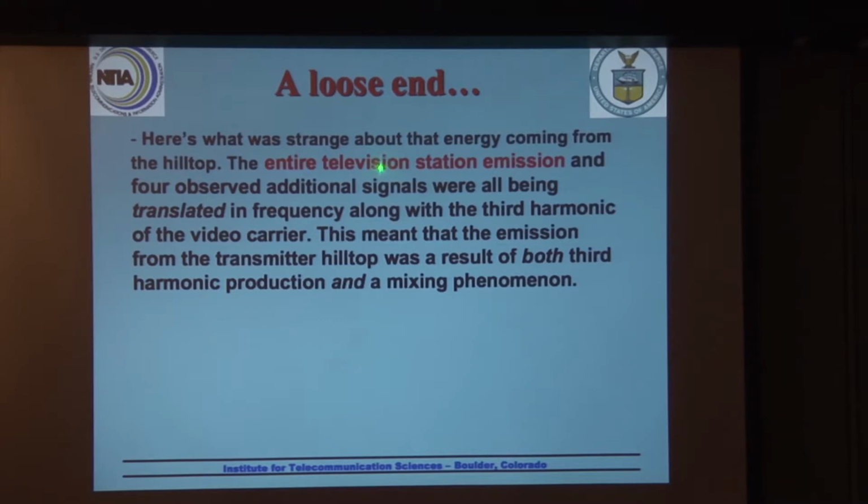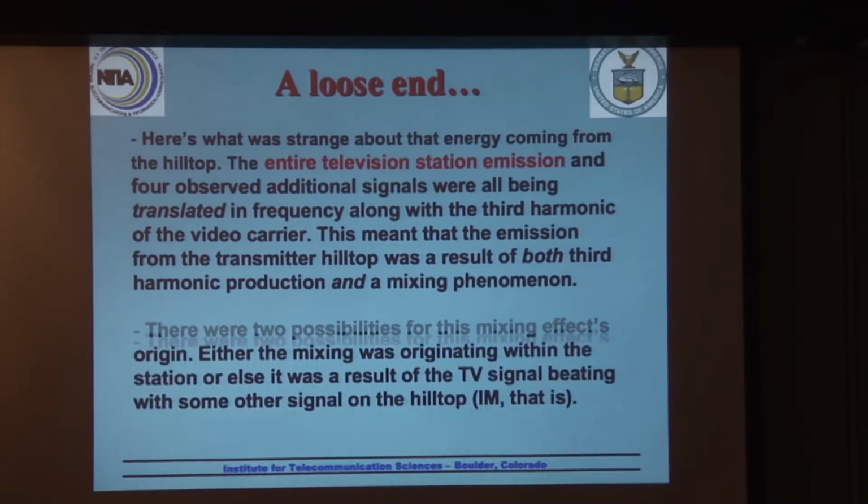Given that they start off being 4.5 megahertz apart, the third harmonics would be 3 times 4.5 megahertz, which is 13.5 megahertz apart, but we didn't see that. We saw the audio and video carriers still 4.5 megahertz apart at the third harmonic. See, that's weird. That shouldn't have been happening.